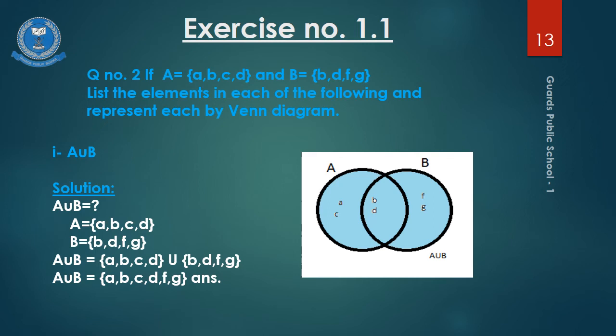Which type of sets are these? These two sets are overlapping sets. Why? Because in both the sets, some of the elements are common. So we will draw overlapping circles for both the sets.